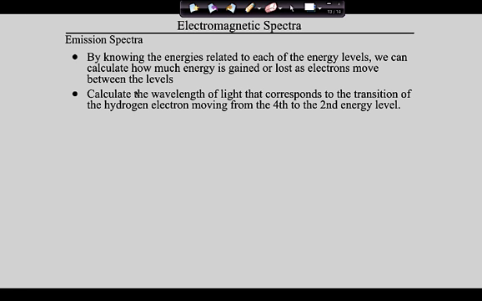So if you've got an electron in hydrogen going from energy level 4 to energy level 2, what wavelength of light will that electron radiate?